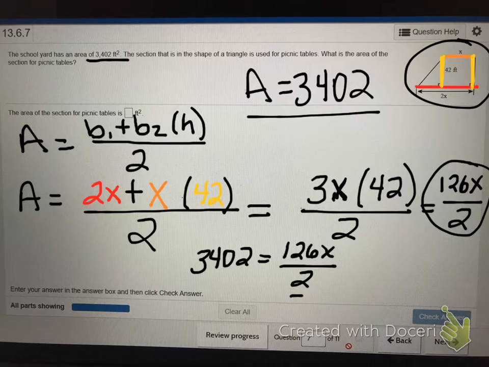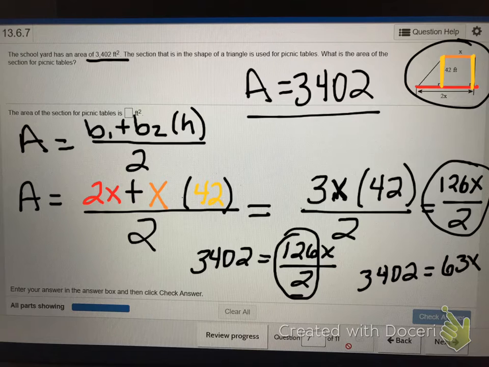Another thing I could do is just do the division right here, 126 divided by 2, either way. I think I'm going to do that first because I think that will make our math a teensy bit easier. So 126 divided by 2, you can do this on your calculator if you want. So 3,402 equals 63x.